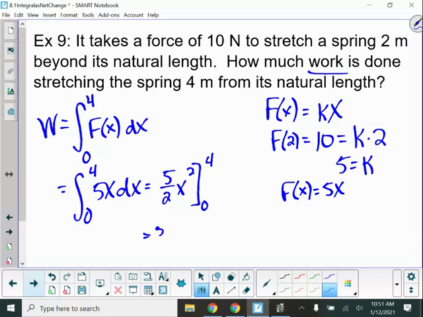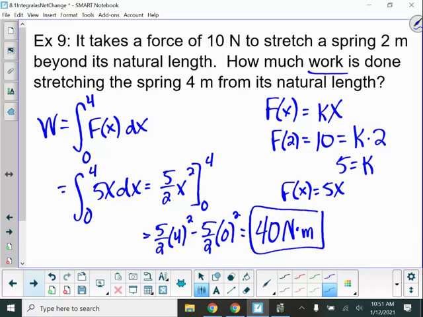So I plug in the 4, I have 5/2 times 4 squared minus 5/2 times 0 squared. That's going to give me 40, and then the units are newtons times meters. So newton meters is going to be your unit for work.